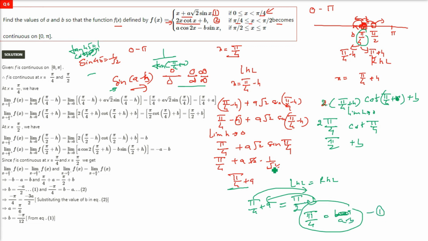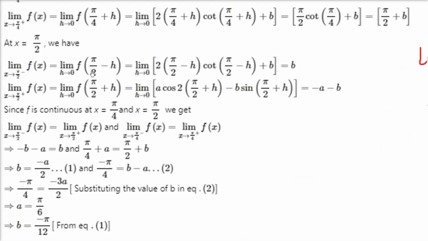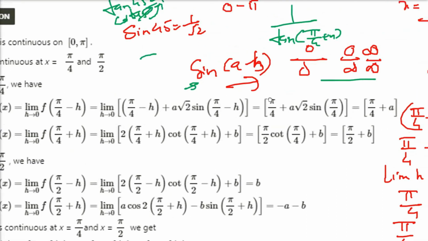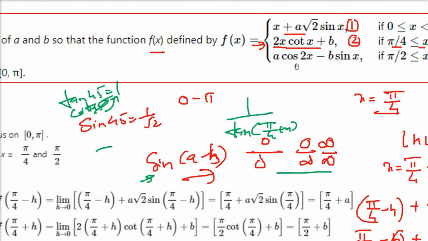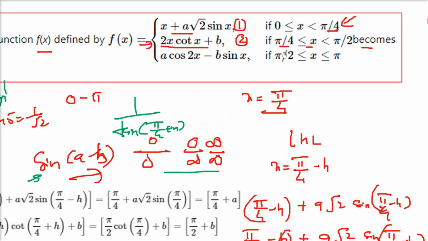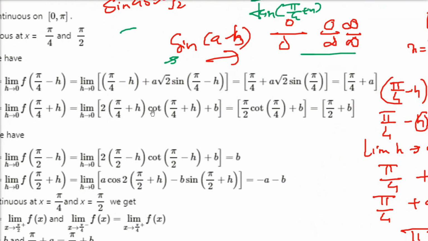This is the first equation, and since we have discussed what exactly has to be done, the same way you have to do it. The way we have done for pi by 4, you have to do it for pi by 2. So pi by 2 minus h in the left hand limit, pi by 2 plus h on the right hand limit. For pi by 2 minus h, you have to use the second function.